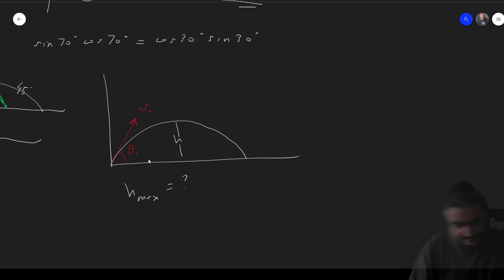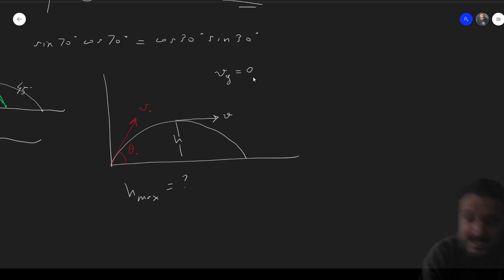Now we've got to remember that when you reach the top, your velocity is perfectly horizontal, which means the y component is 0.